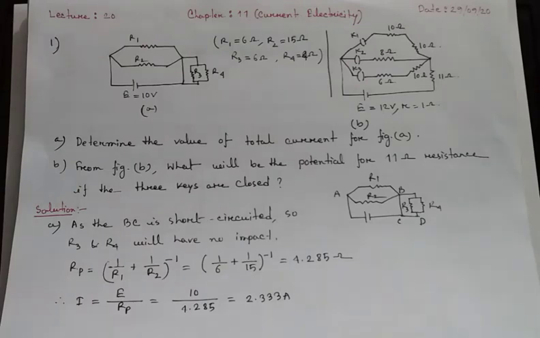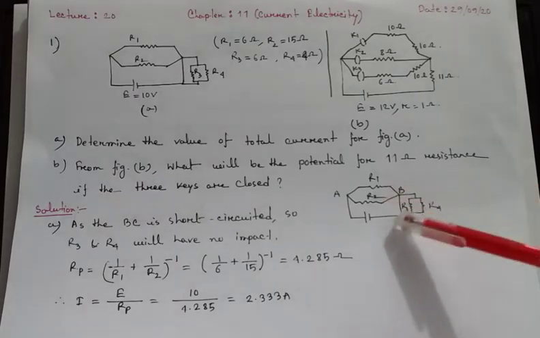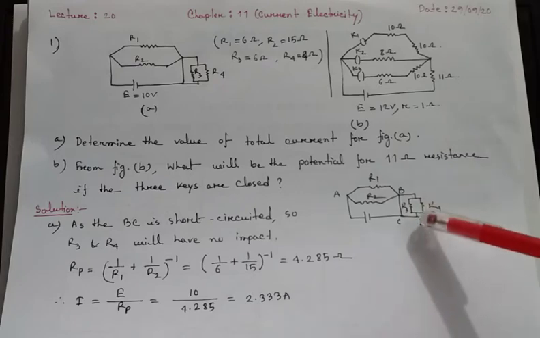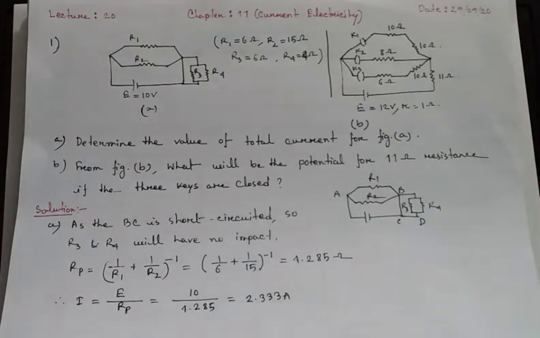So the most prominent point over here is this short circuited way. If we fail to realize this, and we just take into account these resistors, the math will be wrong.